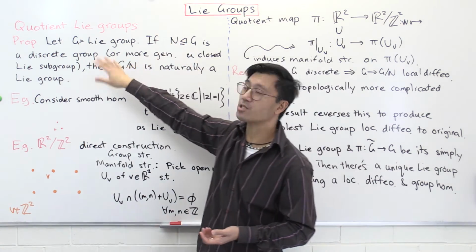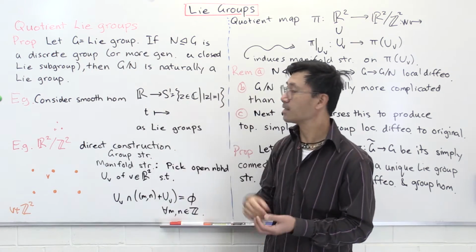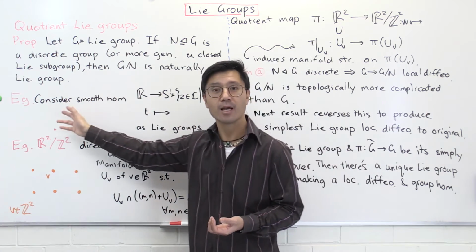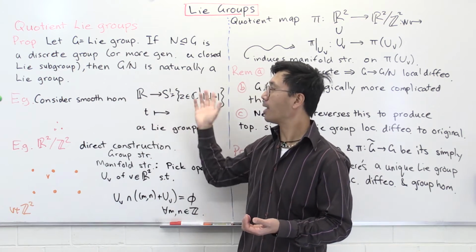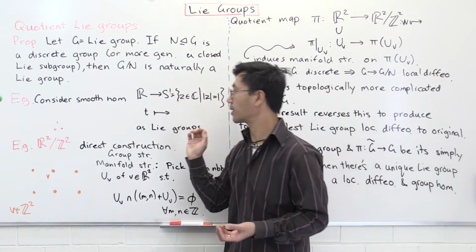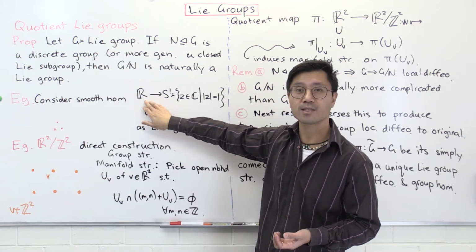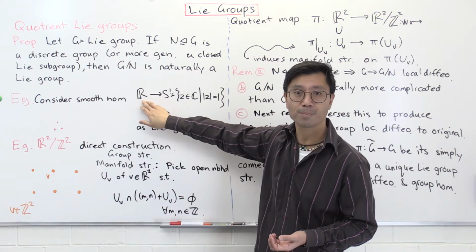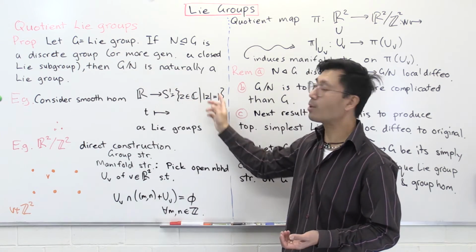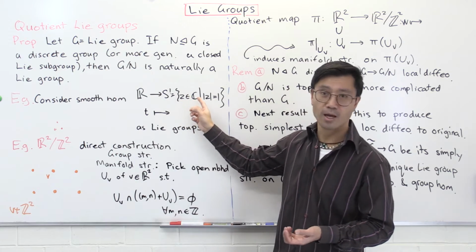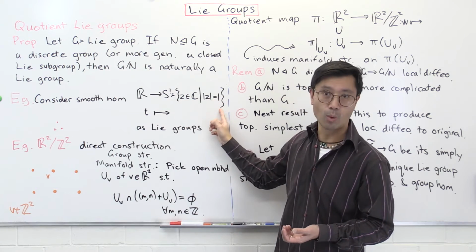Let's have a look at the case of a discrete group and some examples of how that works. The first one is a very simple example. The groups involved are firstly the reals, R to the 1 that I mentioned before, which we saw was a Lie group. The next one is the circle group, the complex numbers z with modulus 1.